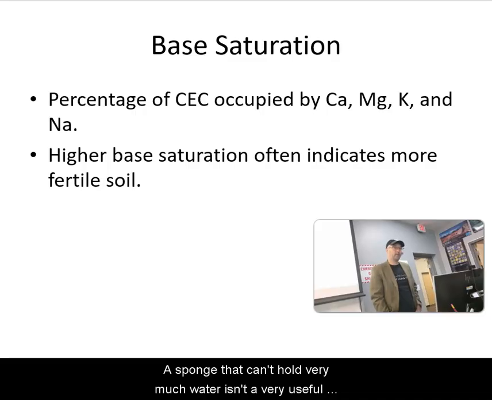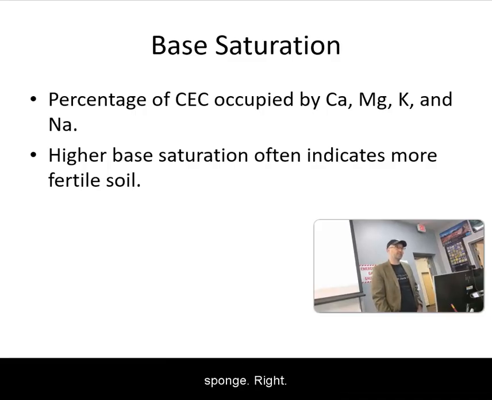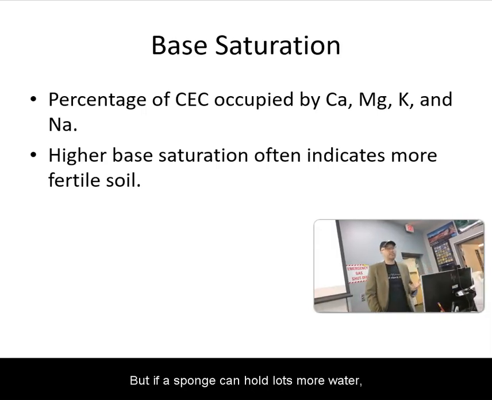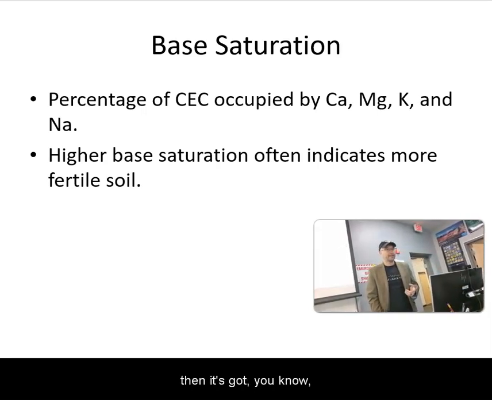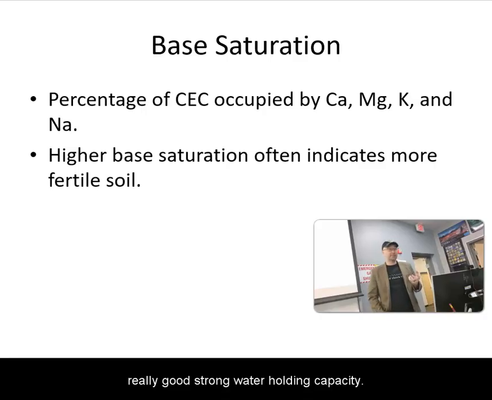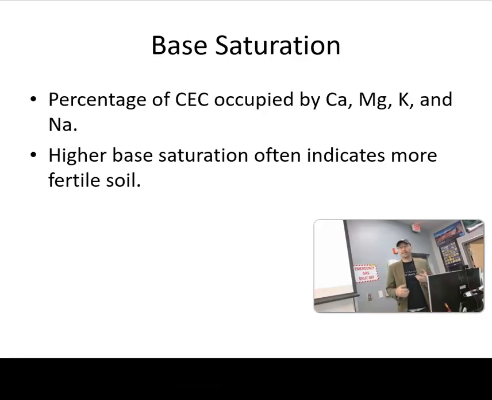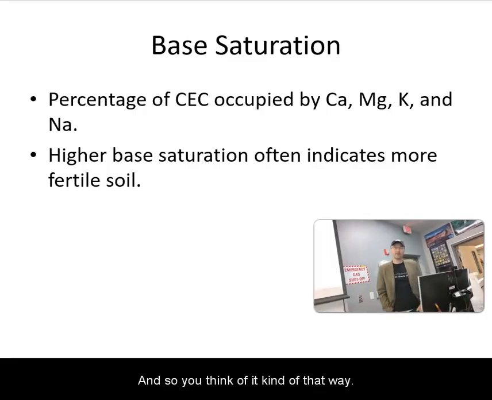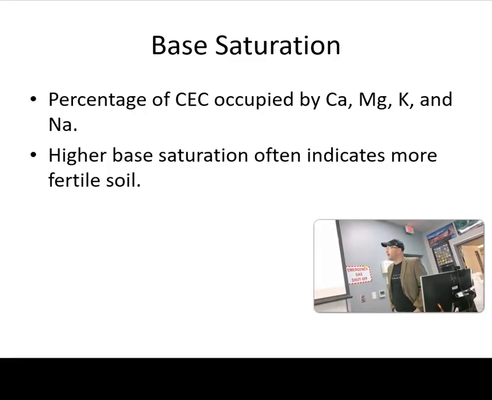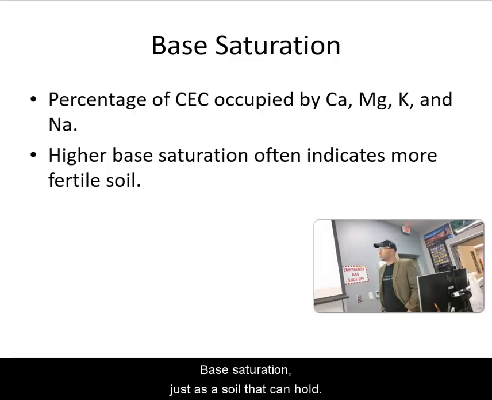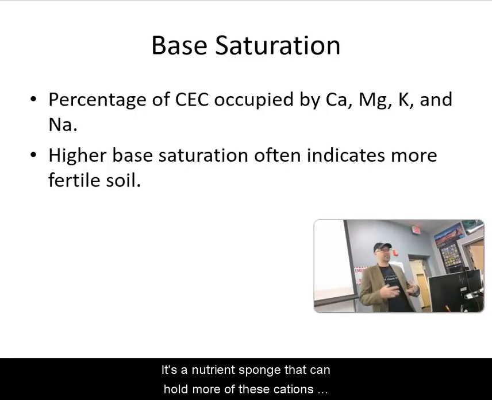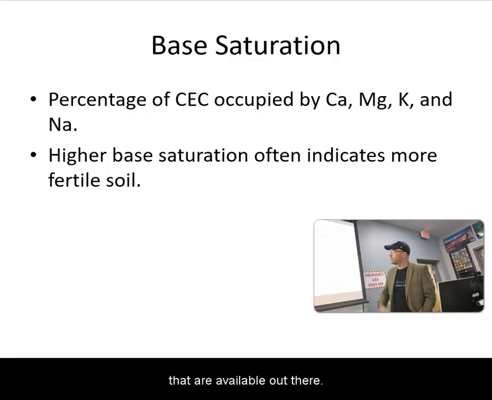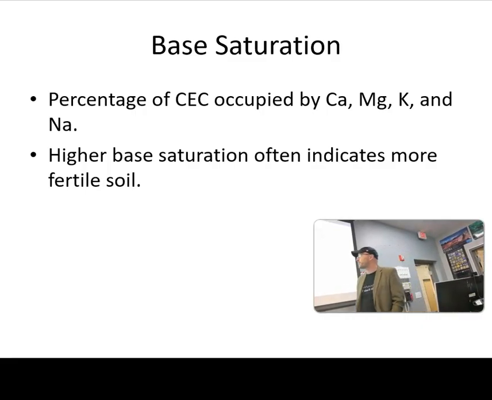A sponge that can't hold very much water isn't a very useful sponge, right? But if a sponge can hold lots more water, then it's got really good, strong water holding capacity. That's a pretty dang good sponge. And so you think of it kind of that way. Base saturation just is a soil that's a nutrient sponge that can hold more of these cations that are available out there. Okay.